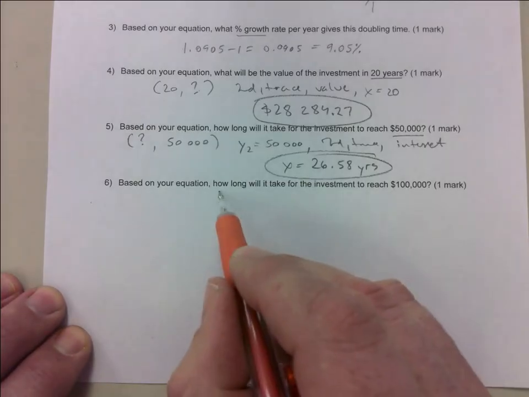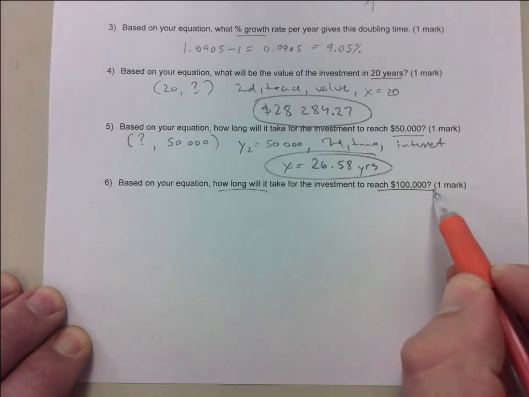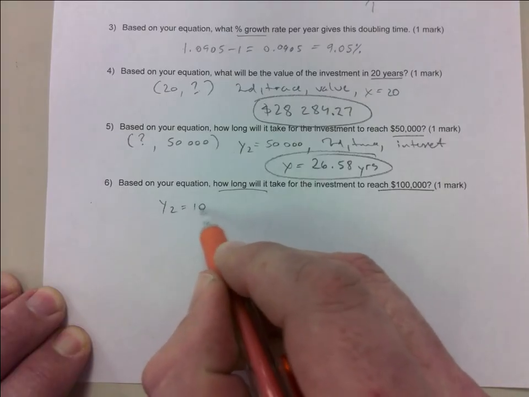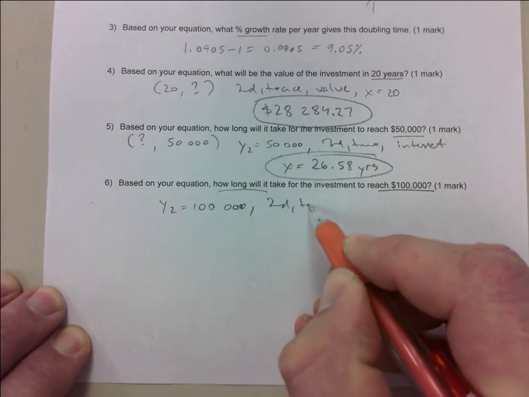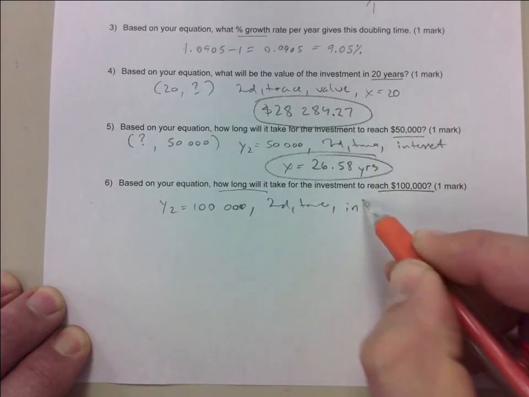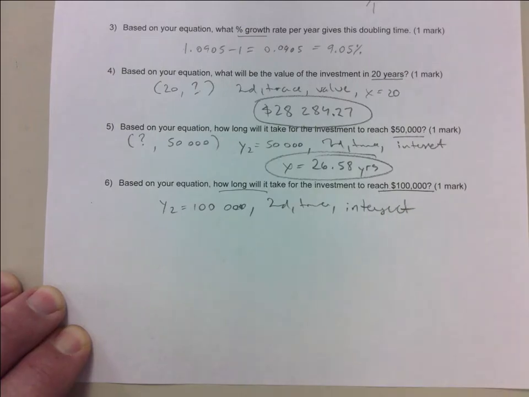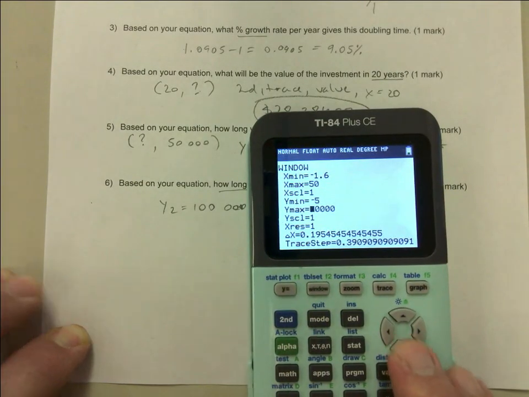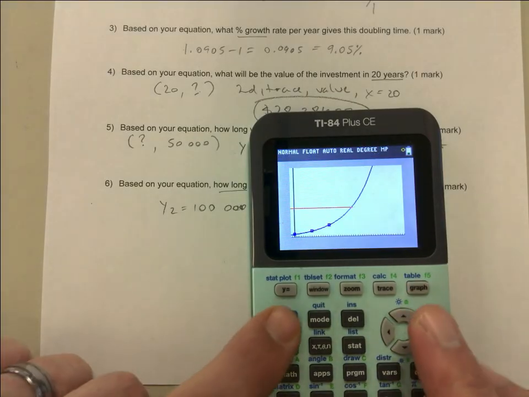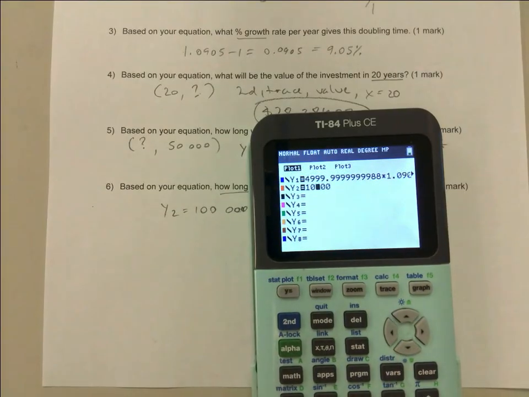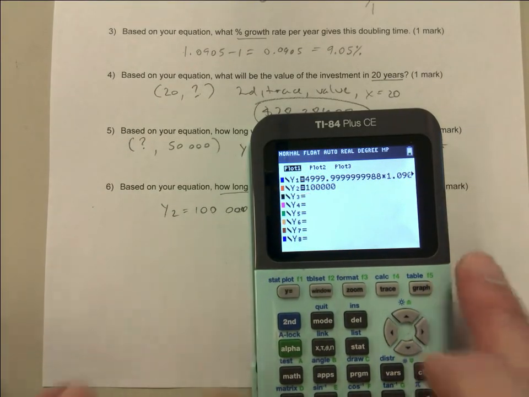Based on your equation, how long will it take for the investment to reach 100,000? Basically the same thing. Second, trace, intersect. I need to adjust my window again. 120,000 the Y max. Let's do 100,000. No, wait.